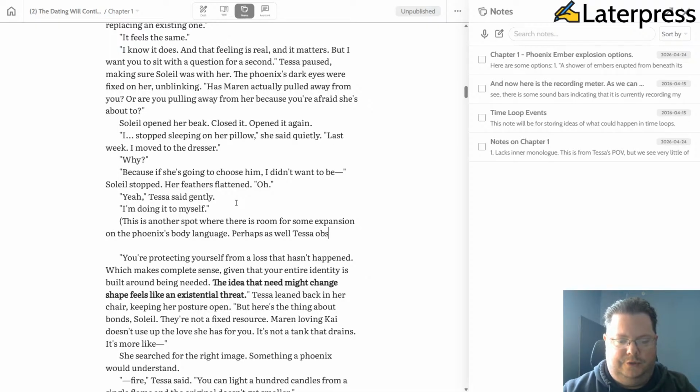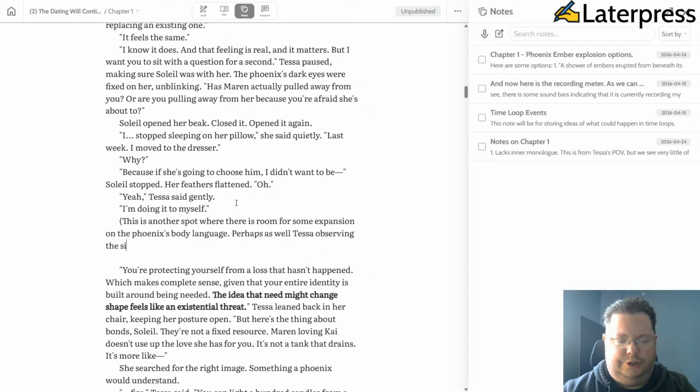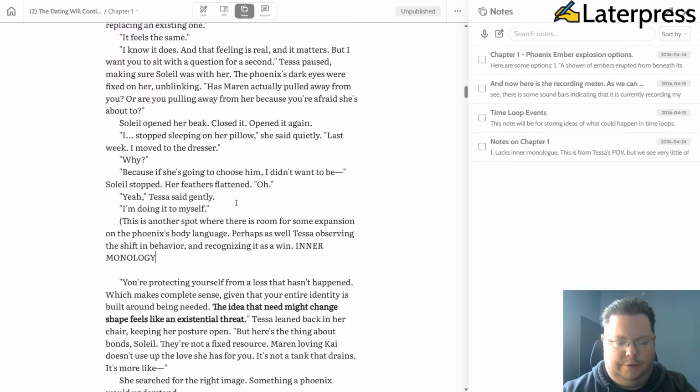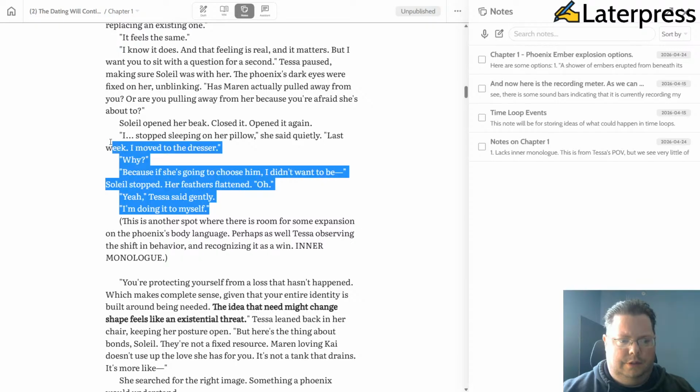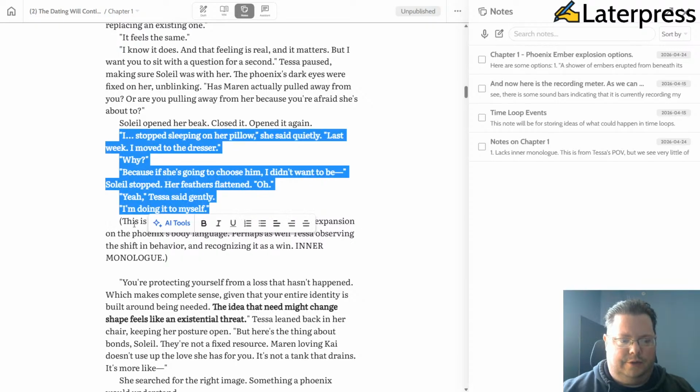Tessa observing the shift in behavior and recognizing it as a win. Inner monologue. Again, that's a chance. I'm seeing this as an opportunity to slip some more of Tessa into this specific sequence right here.